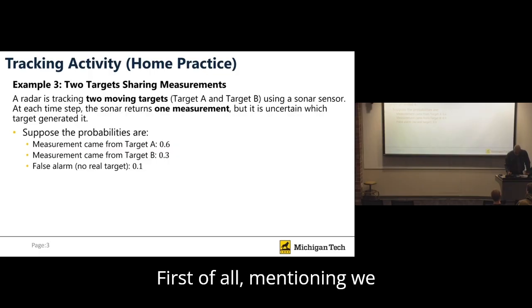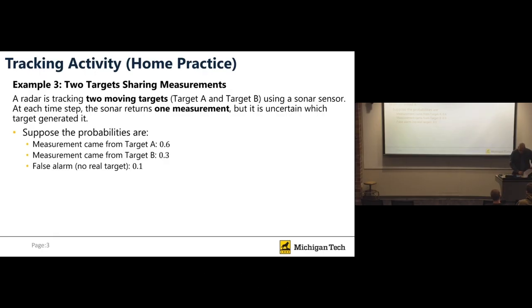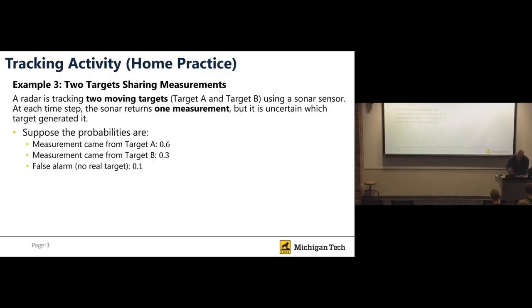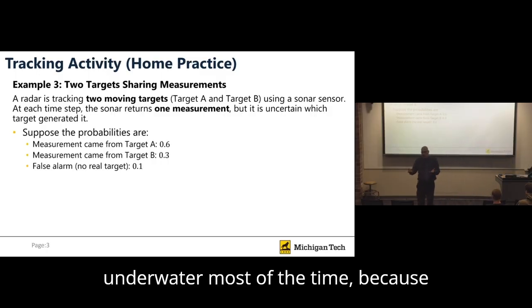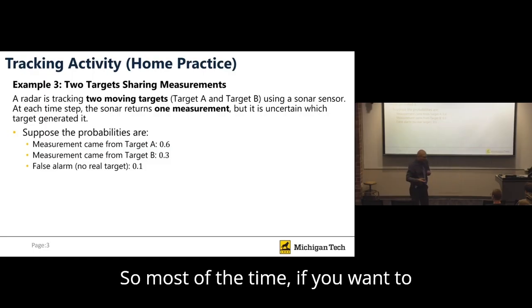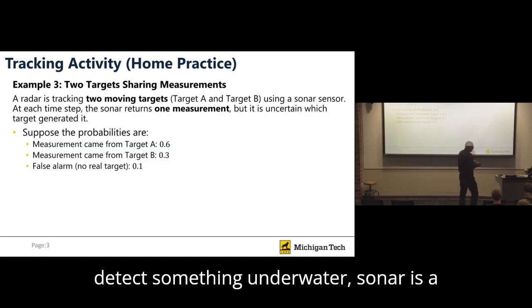First of all, we have two targets, A and B, and we are using sonar. Sonar normally is a type of sensor used underwater most of the time because sound passes very well underwater. So if you want to detect something underwater, sonar is a good idea.